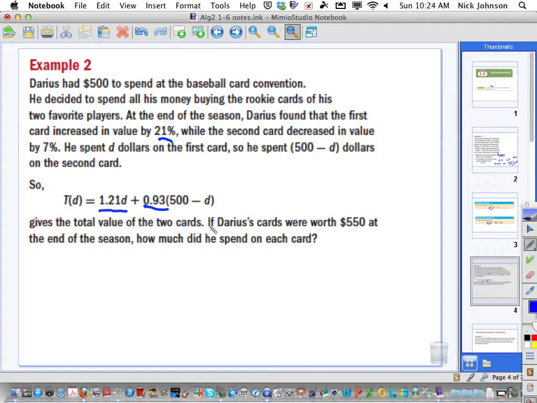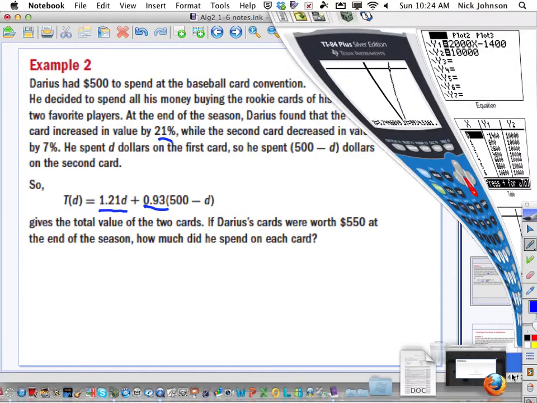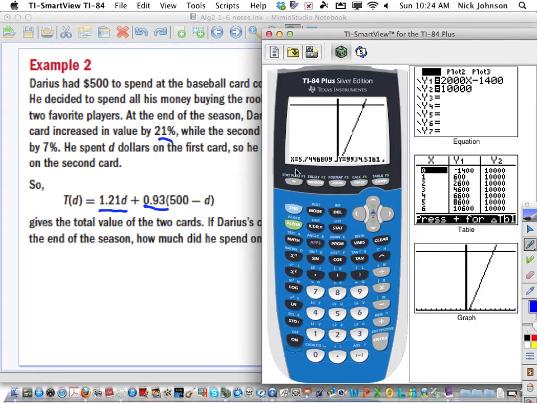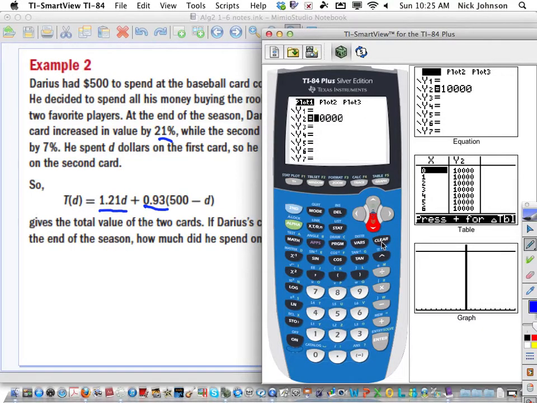It says if Darius's cards were worth $550 at the end of the season, how much did he spend on each card? So let's go to our calculator again, because like I said, using these helps out quite a bit. What I'm going to do is, they're worth $550 now, right? So that's going to be my Y2. So I want to know when that equation equals 550.